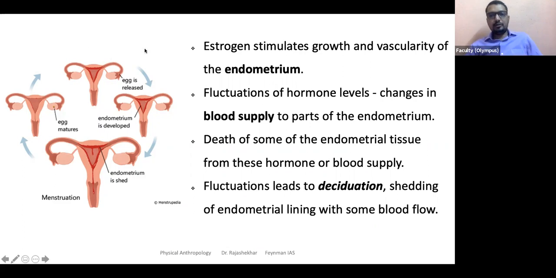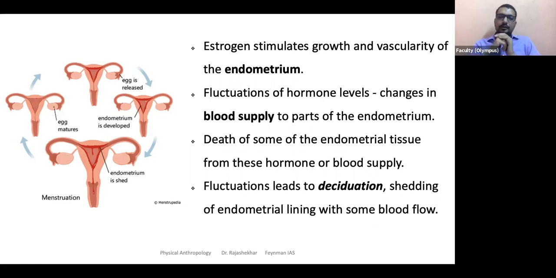But fluctuations of hormone levels change the blood supply to parts of the endometrium. Hormones are very sensitive to various aspects like the fertilization process as well. If no fertilization takes place, there is no need to have this thick wall being built for carrying the baby.